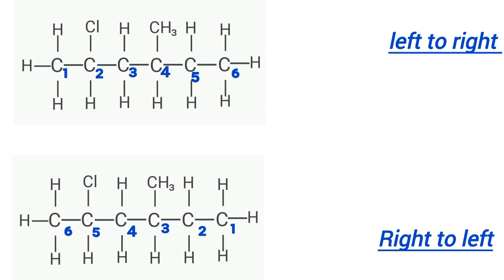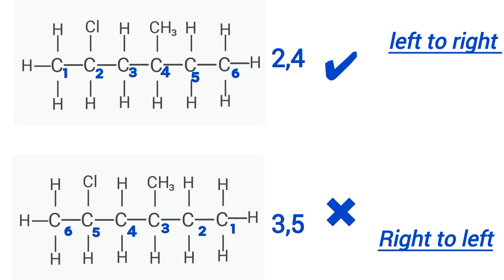For our first structure, we have our substituents on carbon 2 and carbon 4. For the second structure, we have our substituents on carbon 3 and carbon 5. 2 and 4 is lesser than 3 and 5. So this first structure will give our substituent the lowest possible number. So the first structure is correct, while the second structure is wrong.